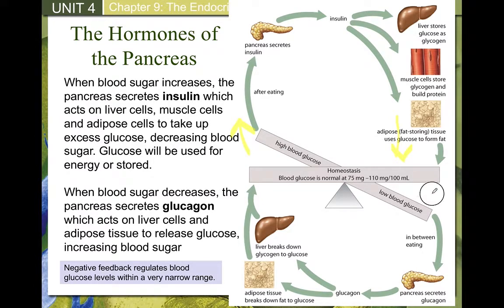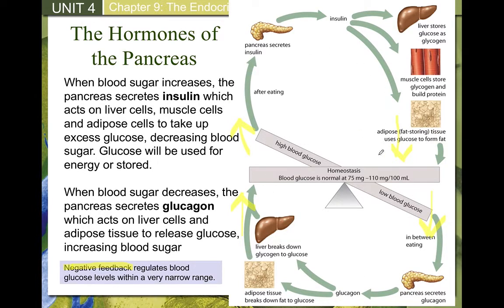Glucagon does the same thing. When blood sugar drops and throws the body out of homeostasis, it responds in order to bring it back up. It is opposing the change, so it is also an example of a negative feedback loop. And so both sides of this diagram represent negative feedback.